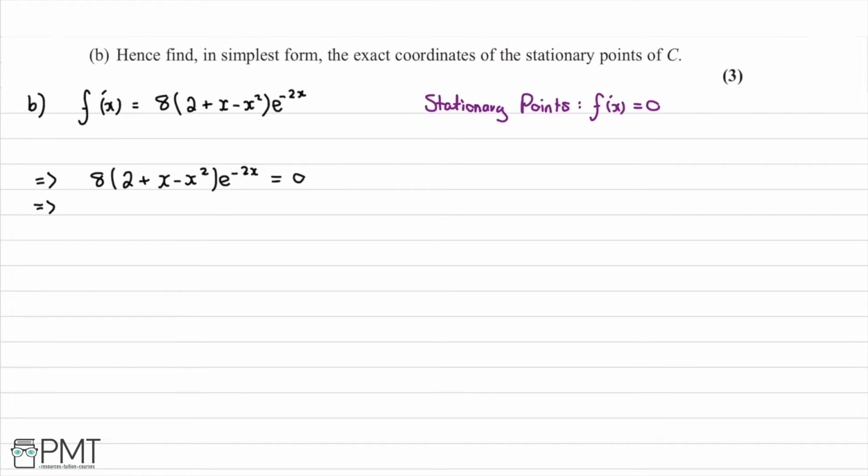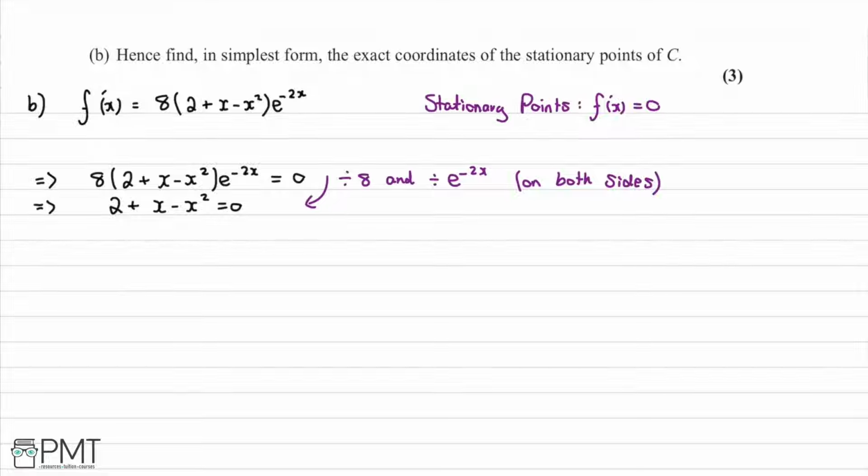So this leaves us with a quadratic. So we'll have 2 plus x minus x squared equal to 0. And I'll just note down, we went from here to here by dividing by 8, and we also divided by e to the negative 2x, and that was on both sides.